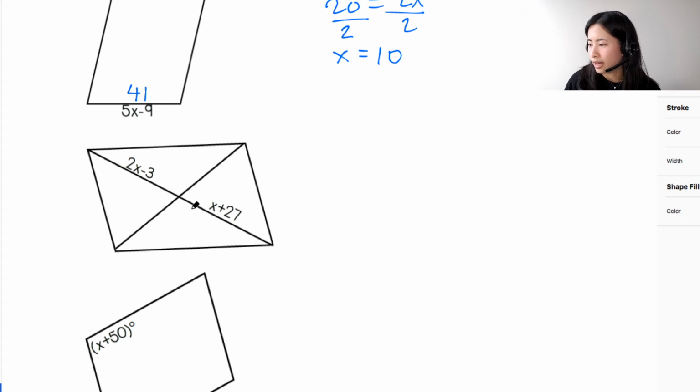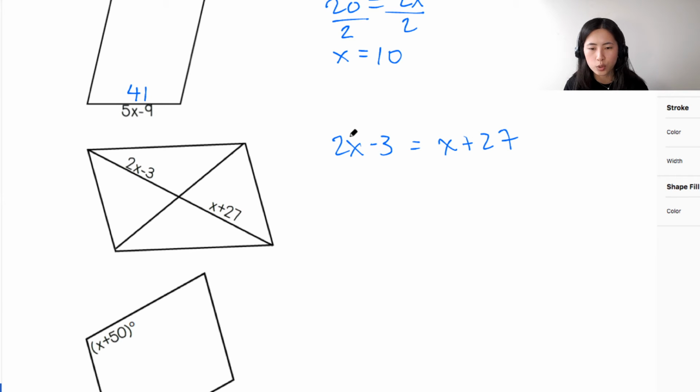Okay, so now we have this again, right? Because they're on the same side of the diagonal, therefore they need to be exactly the same. They need to be congruent, in other words. So we have 2x minus 3, and that's equal to x plus 27. Therefore, solving for x, 2x minus x is equal to x, and you have 27 plus 3, right?